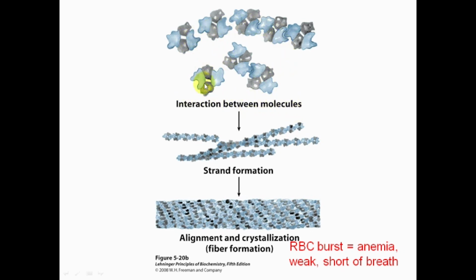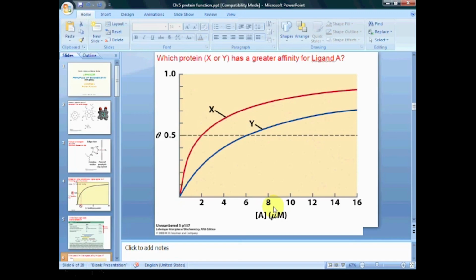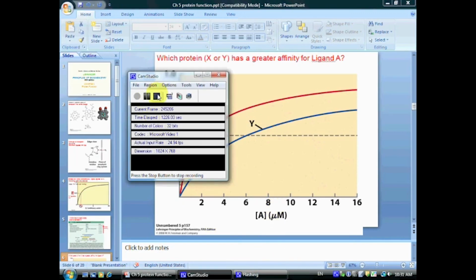They'll aggregate and form strands, and these strands will then aggregate together to form fibers. The problem is this is all happening in a red blood cell, and it just gets bigger and bigger, and eventually the red blood cell will burst, and that results in anemia, weakness, and shortness of breath. That's the end.